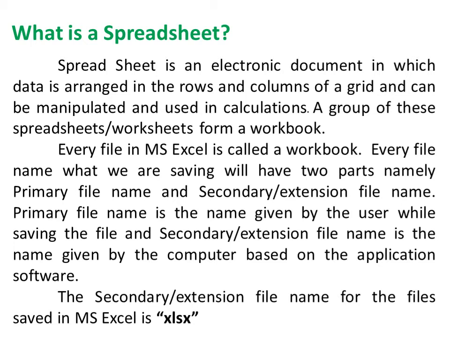The first one, what the user is giving, is called the primary file name, and the second part of the file name is the secondary file name or extension file name, which is given by the computer based on the application software in which we are saving the file. So if we see MS Excel, the extension file name for the files which are saved in MS Excel is XLSX.